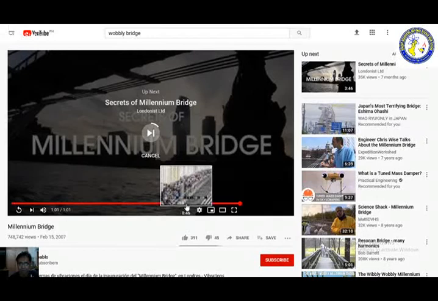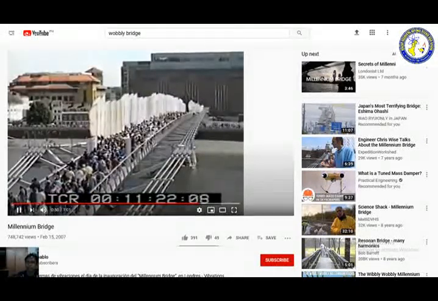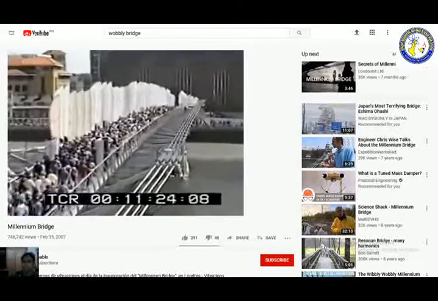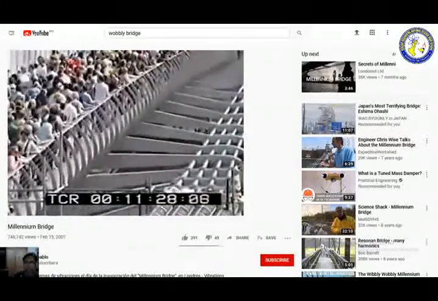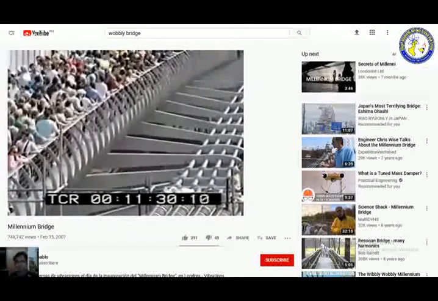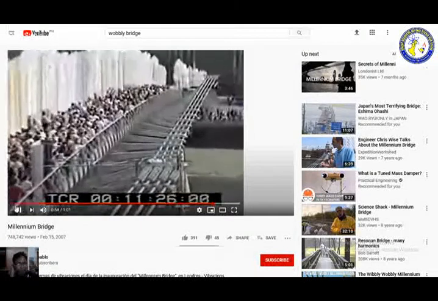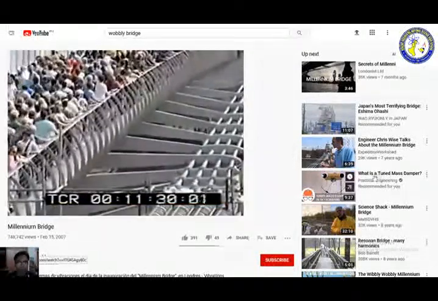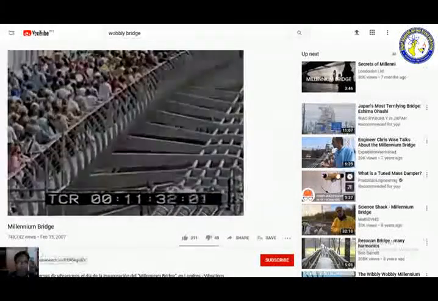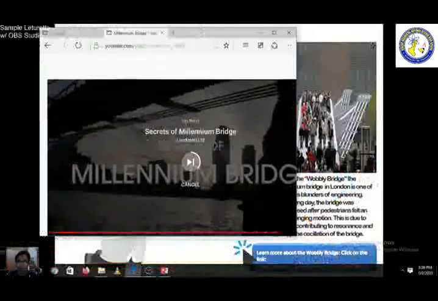So the footsteps cause the phenomenon known as resonance, and this resonance causes vibrations on the molecules of the bridge. So when there's vibration, there is shaking. As you can see, there are lots of people on the bridge, and the synchronized motion of their footsteps causes the bridge to shake. Okay, so there are lots of videos about the Millennium Bridge, so maybe you can watch them when you have time. So let's proceed.